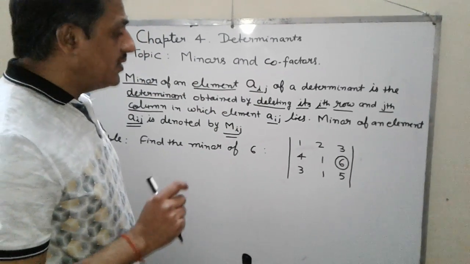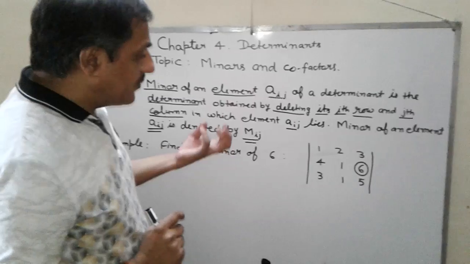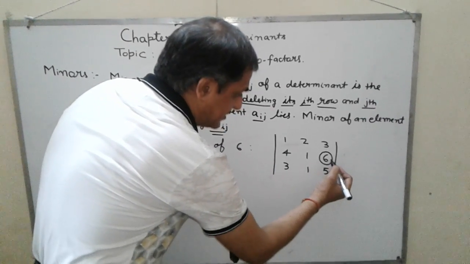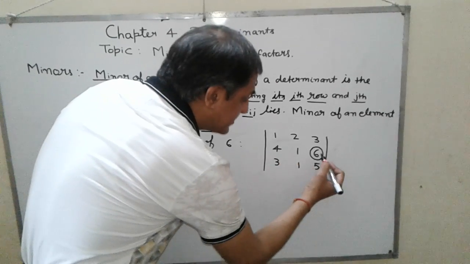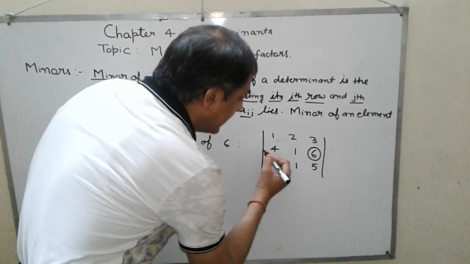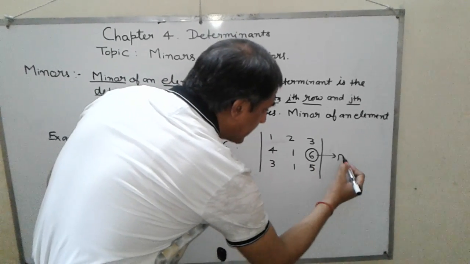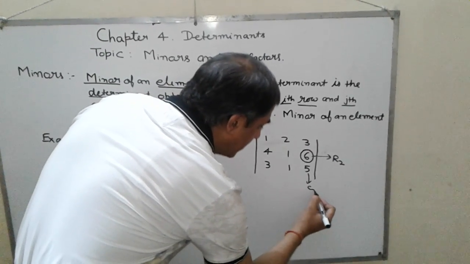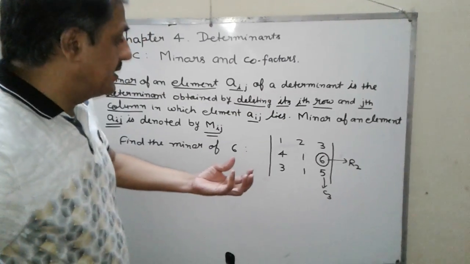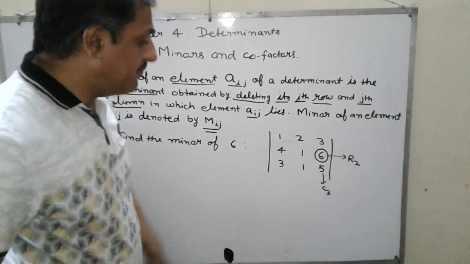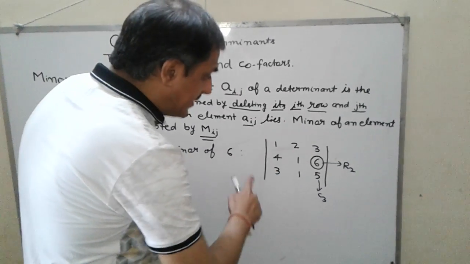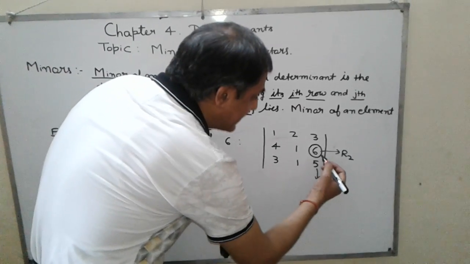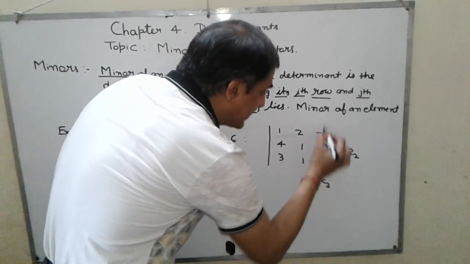First of all, we are going to find the position. What is the position of this element? Here 6 lies in the second row and third column.